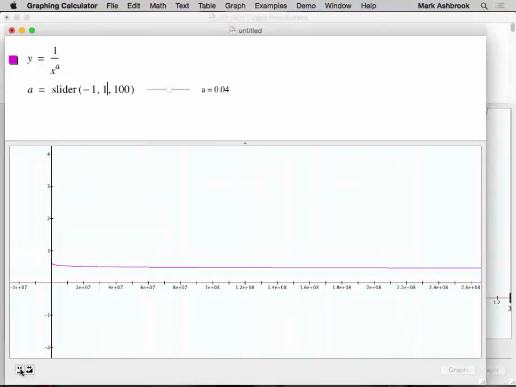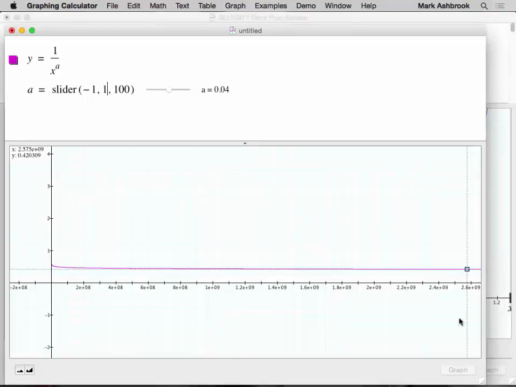But we'll never run out of numbers, right? We'll never run out of values. So let's go out here and plot a point. When you're at 2.57 billion, you've made it down to 0.4. But a billion is a drop in the bucket. We'll never run out because it's an infinite sequence. So you just have to make x big enough, and then you'll finally get close to 0.